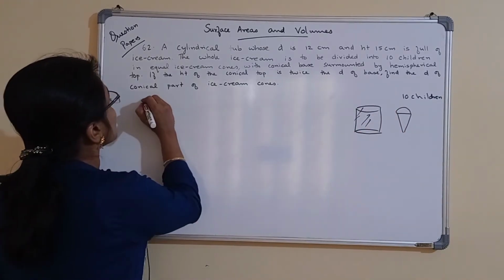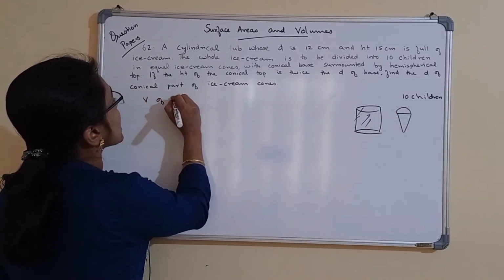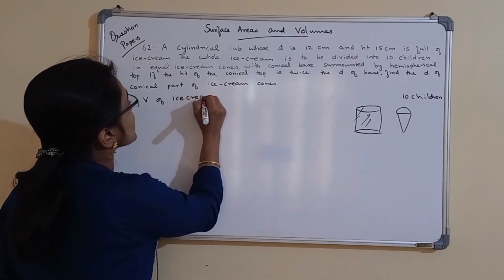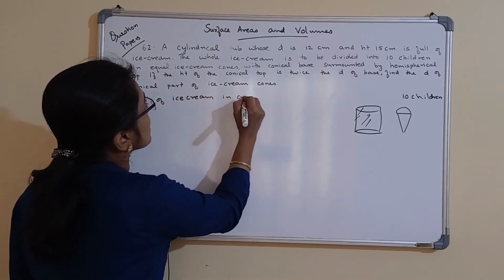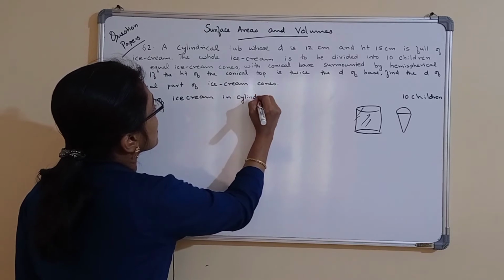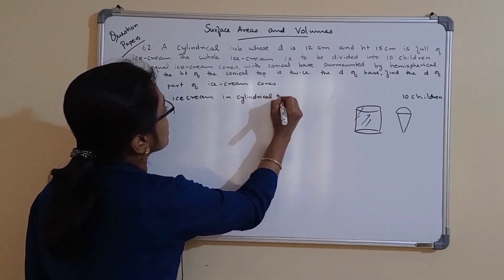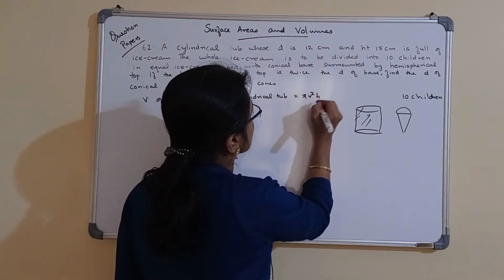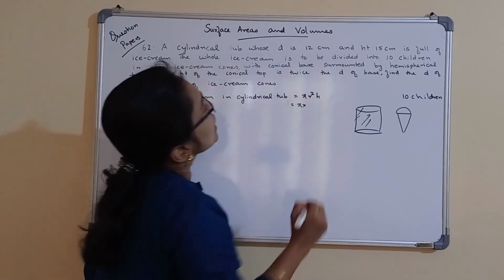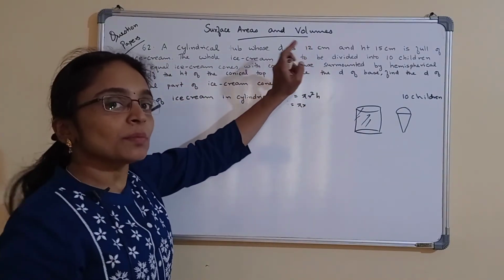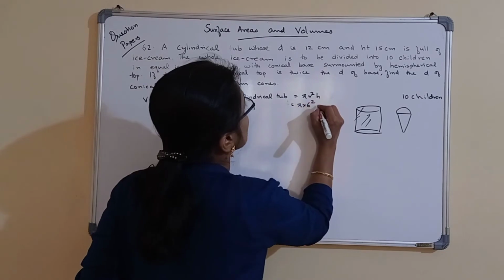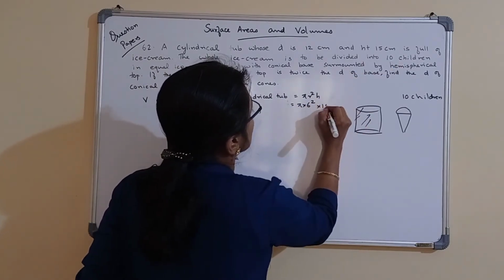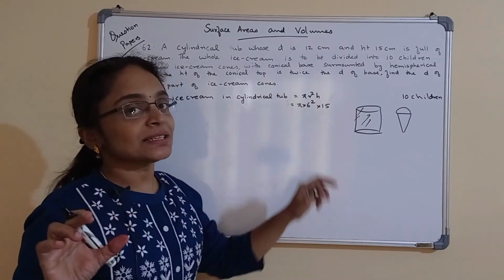So volume of ice cream in cylindrical tub is equal to pi r square h, which is equal to pi into r square, that is 12 by 2 square, which is 6 square, into height is 15, and ice cream is divided to 10 children.